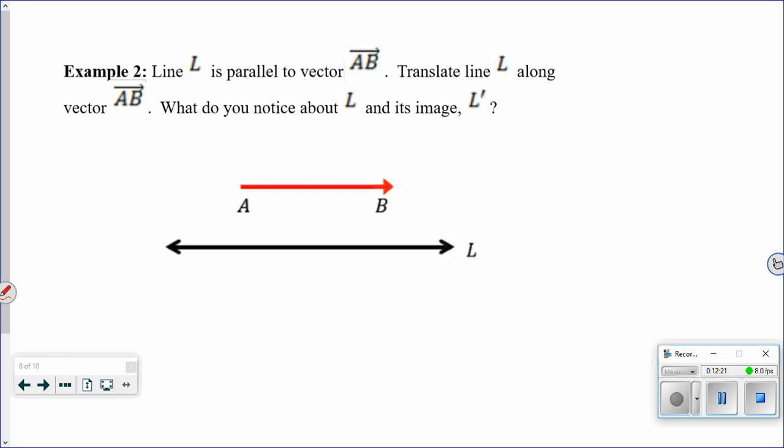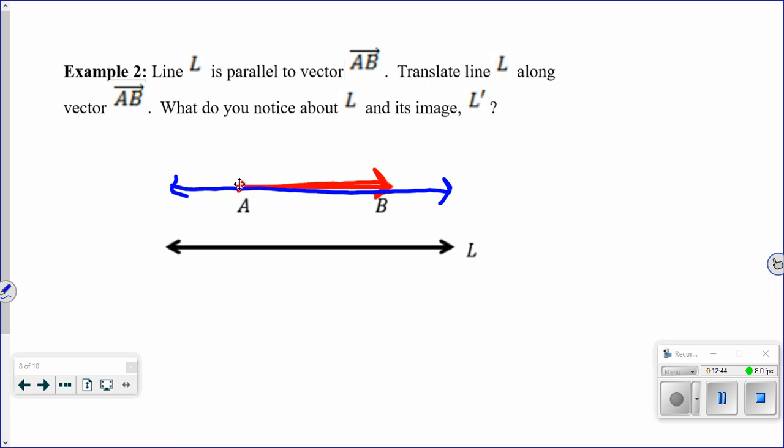Our vector is just moving horizontally from left to right, and we're moving the length of A to B. So we're not moving our line upwards, because the vector is not moving upwards.